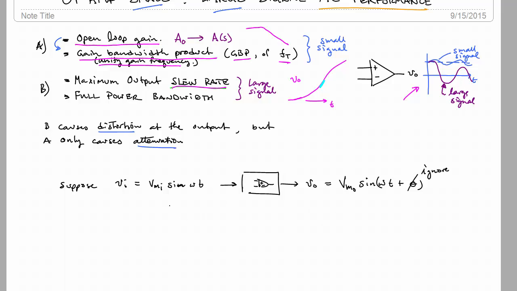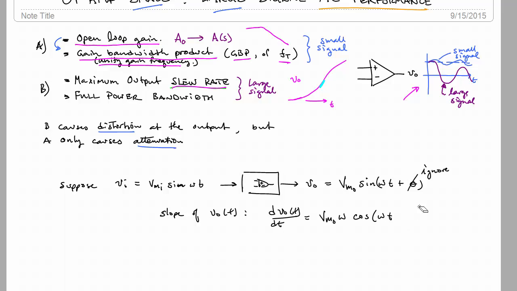Okay, we can look at the slope, our time derivative of VO of t. It's going to be dVO of t dt, and that is going to be VMO omega times cosine of omega t.